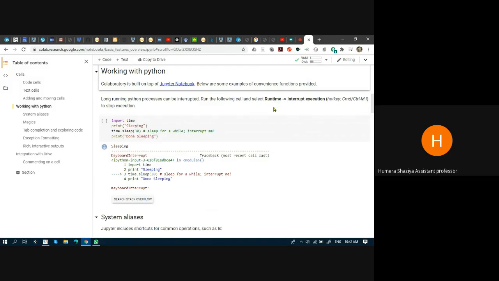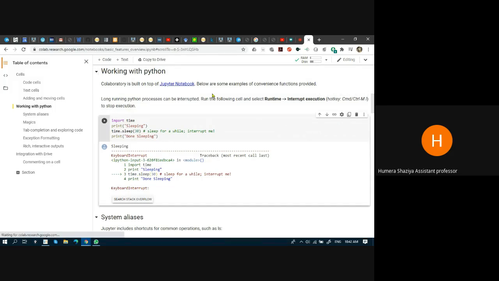If you want to interrupt the execution, you can press Ctrl M. That is the hotkey, and you can also go to runtime and select the interrupt execution command.